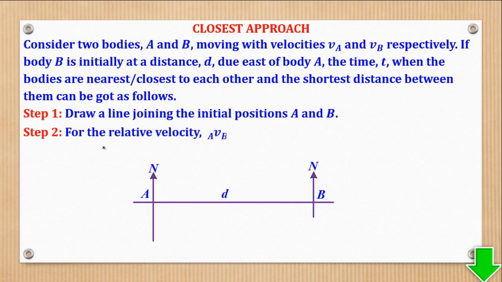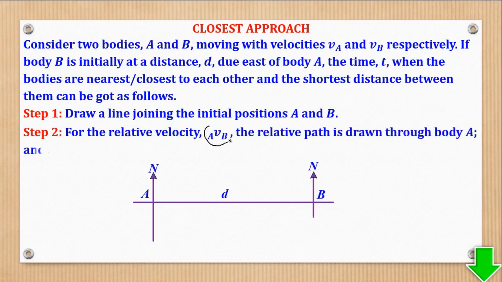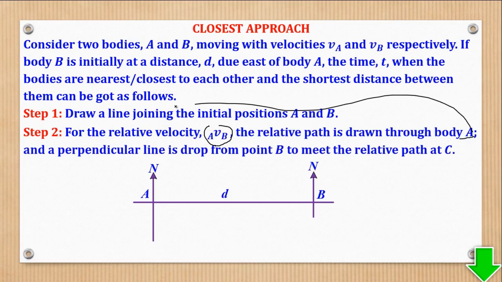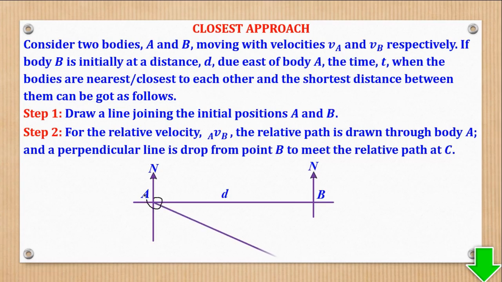Then step 2, for relative velocity of A to B, the relative path is drawn through body A. So note this, body A, because A is the starting point, and a perpendicular line is dropped from point B to meet the relative path at C. So I shall come at body A and draw the relative path.